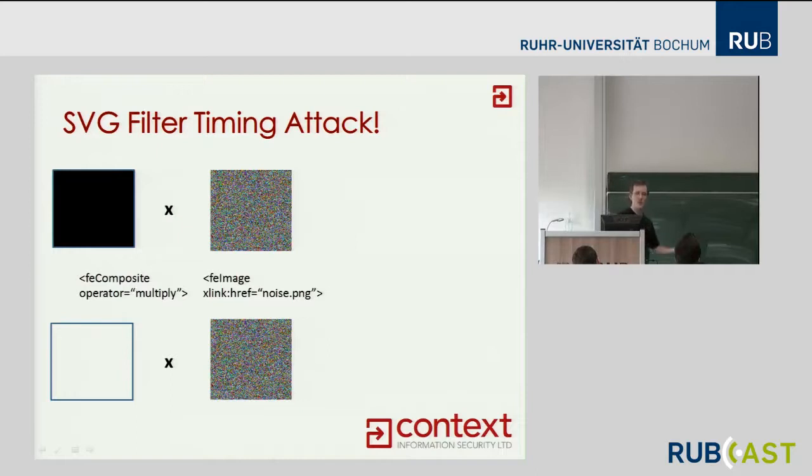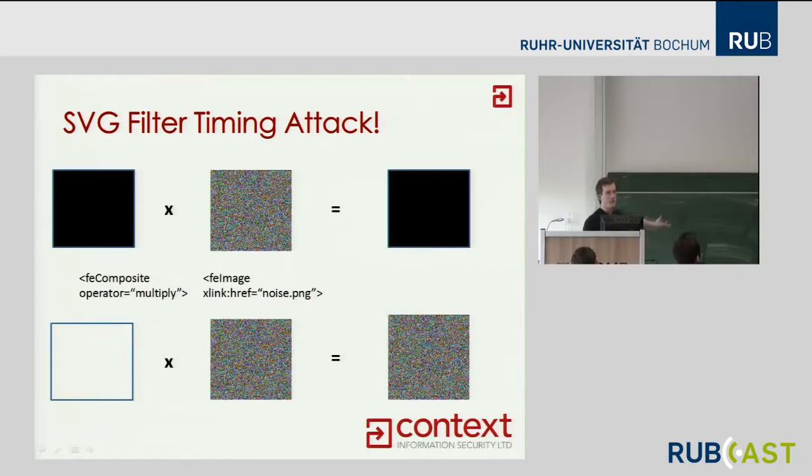So black is 0. So it's multiplying every pixel of the noise image with 0, which results in 0. And then for the bottom image, for the white image, it's multiplying every single pixel in the noise with 1. So you end up with the same image again. So before we had two flat images, and now we have a flat image and a noisy image.